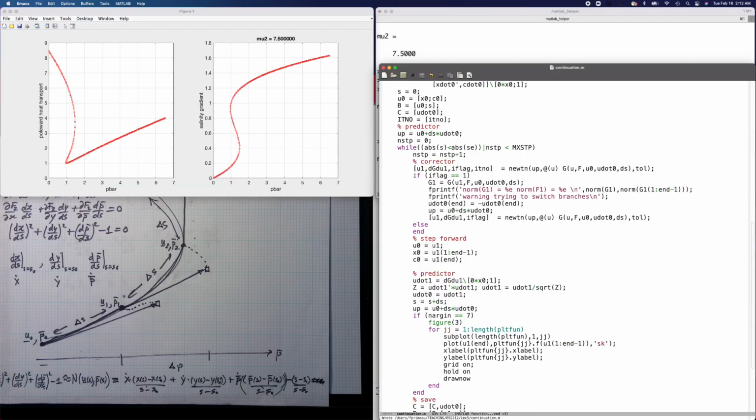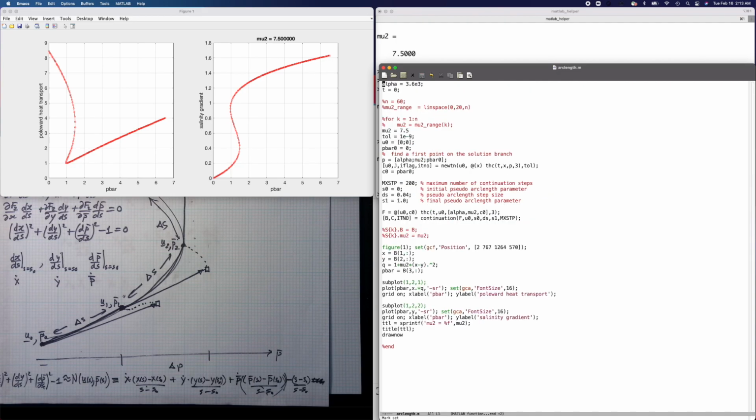So let's go to the arc length code, and I have this. I'm going to take 60 steps in mu2. I'm going to range it from 0 to 20, and I'm going to step through all the different values of mu2. I don't need the 7.5.